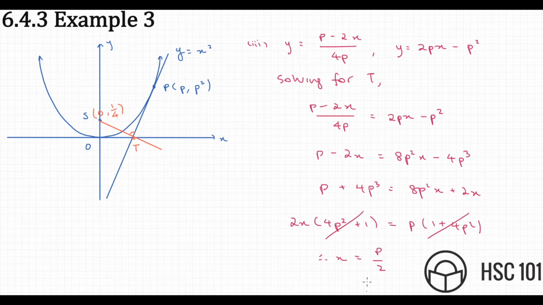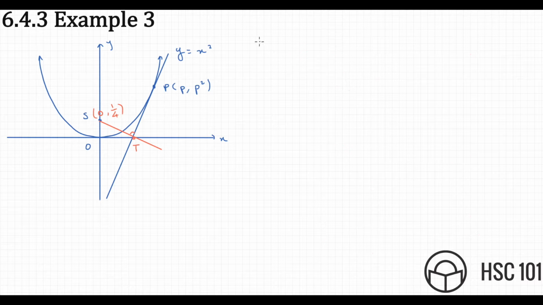And what we can also say is, when x equals p over 2, remember the equation of the orange line. Now, it doesn't matter which equation we're working with. We can either substitute our x value into the equation of the orange line, or into the tangent, since T lies on both lines. But if I go with the orange line, we know that our y value is given by (p minus 2x) over 4p.